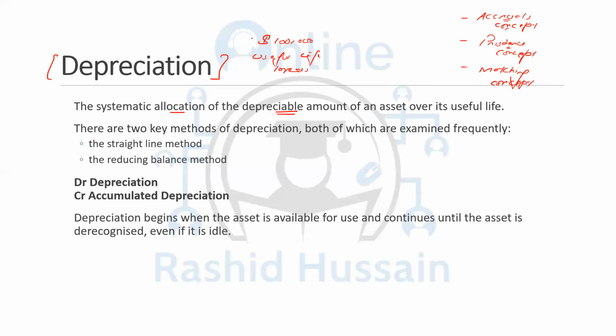Now, if I keep this asset at $100,000 for the complete 10 years, then I am going to overstate the asset, because we know, generally speaking, that when we are using the asset, it loses its value systematically.